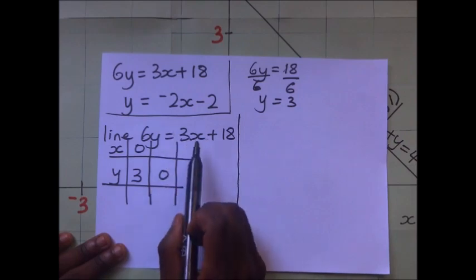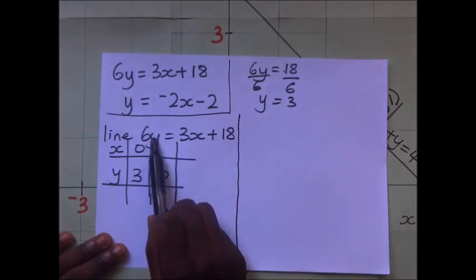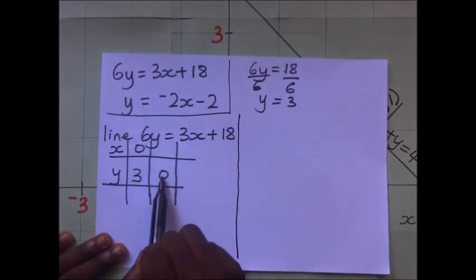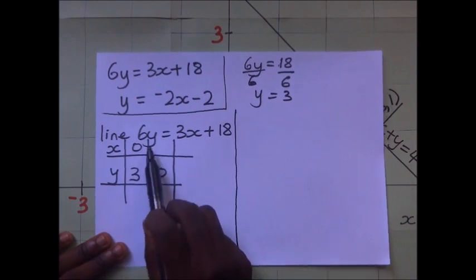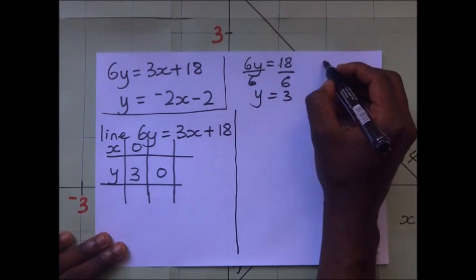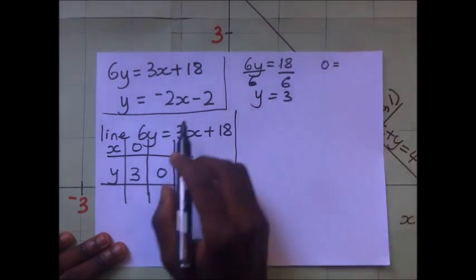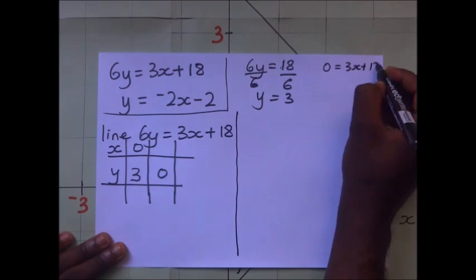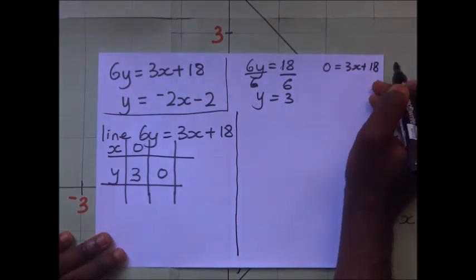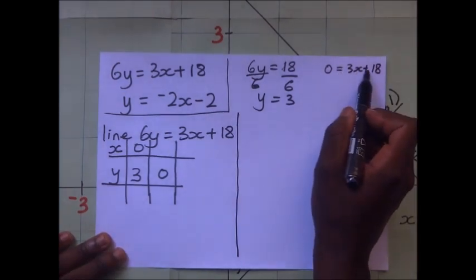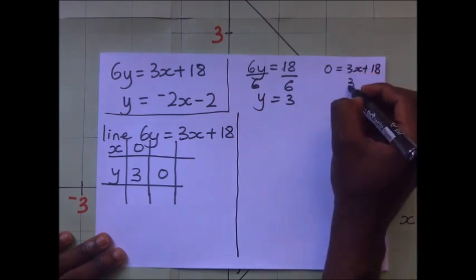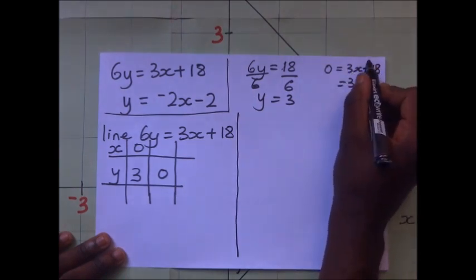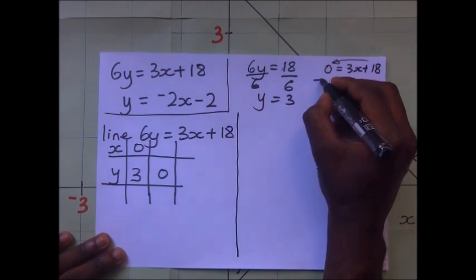Likewise, if our value of y is 0, what is our value of x? When our value of y is 0, we substitute. 6 times 0 is 0. So we shall have here 0 is equal to 3x plus 18. We are substituting. So it means that 3x is equal to, when this 18 crosses to this side, it becomes negative 18.